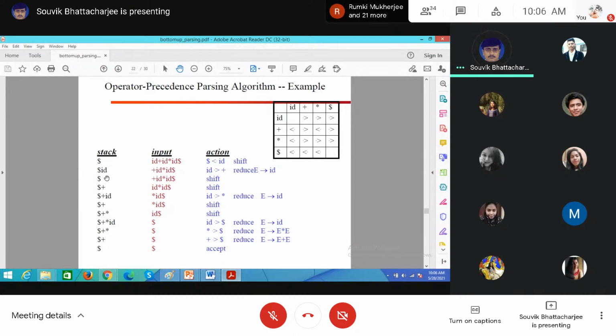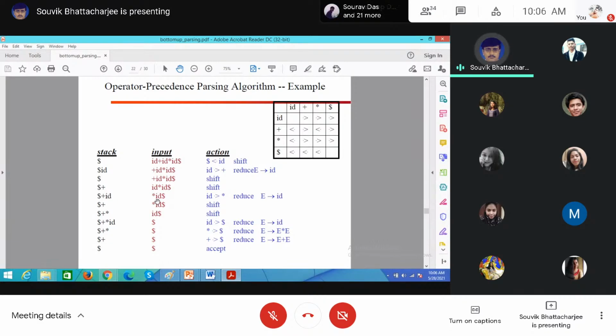Now again, dollar and plus. Dollar has less precedence than plus, so plus will be shifted here. Now plus and ID, plus has less precedence than ID, so ID will be shifted here.